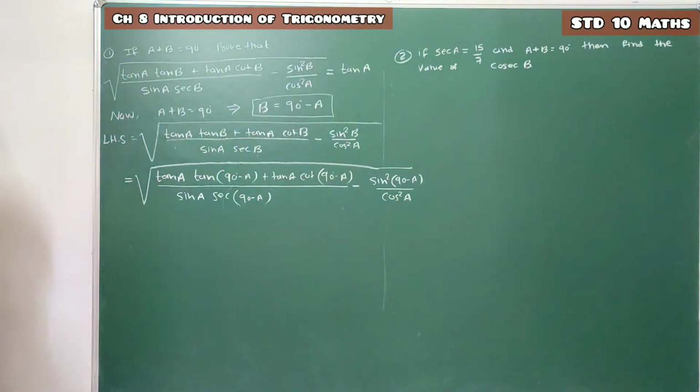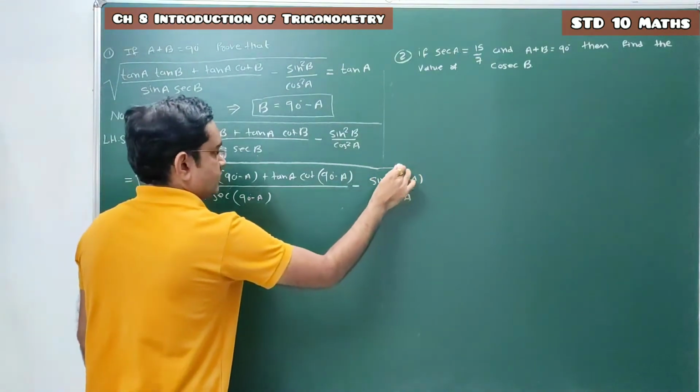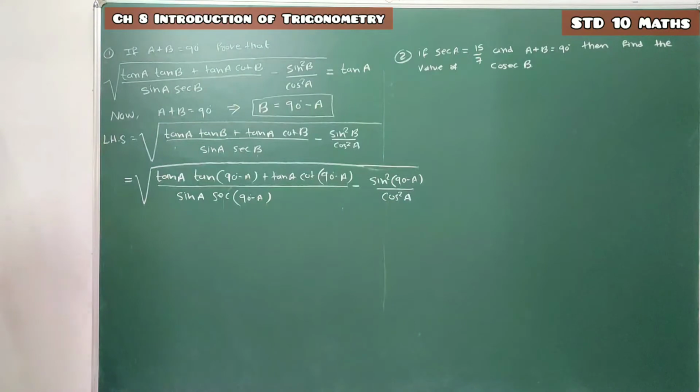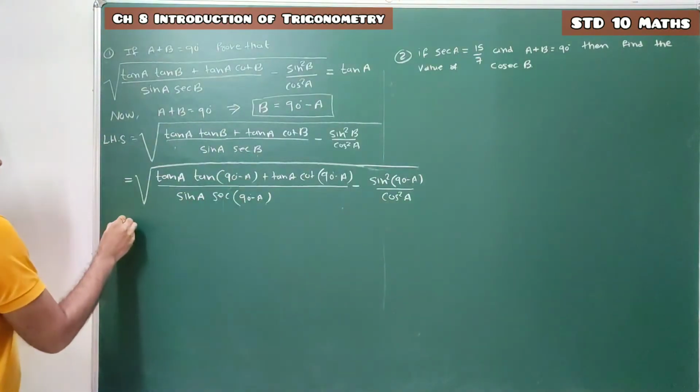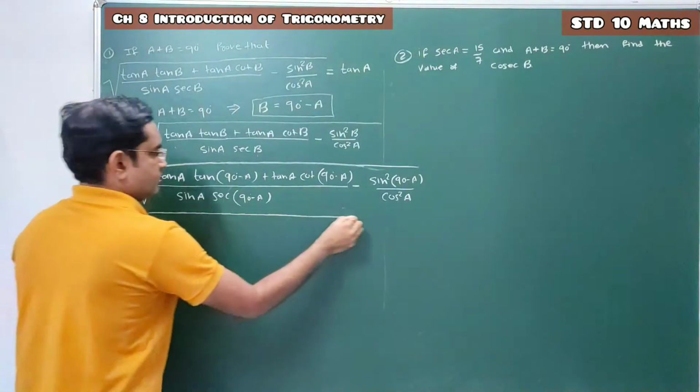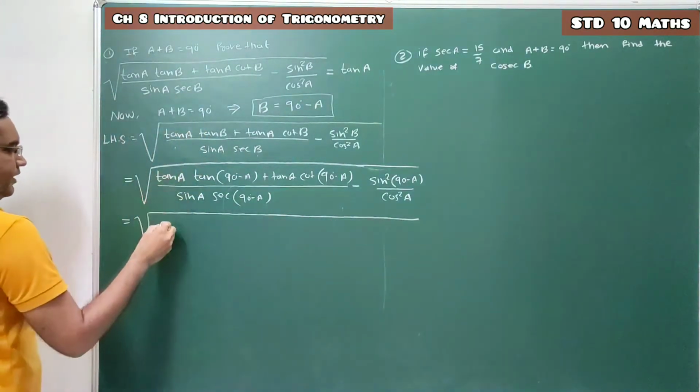Done. Replacing angle b with 90 degree minus a, we can replace that angle's trigonometric ratio with its complementary angles.